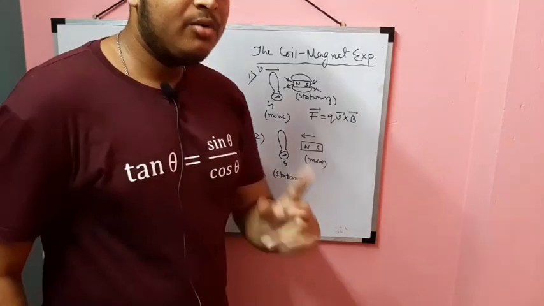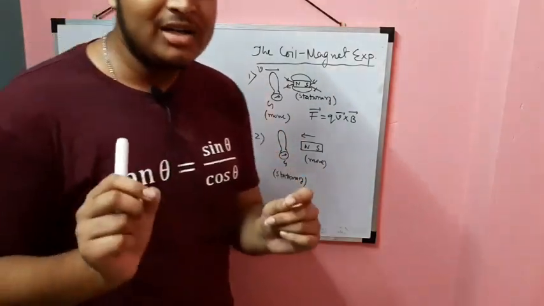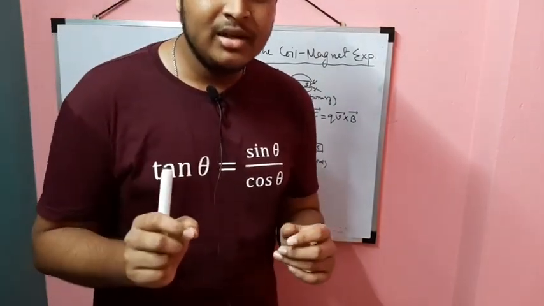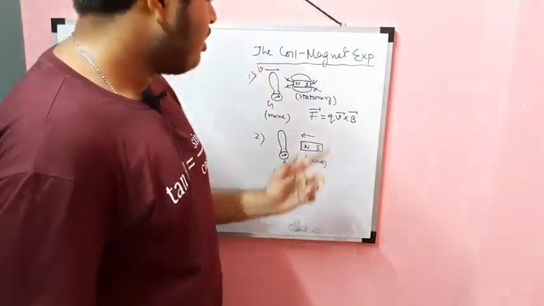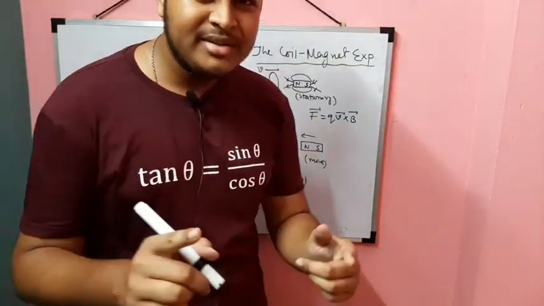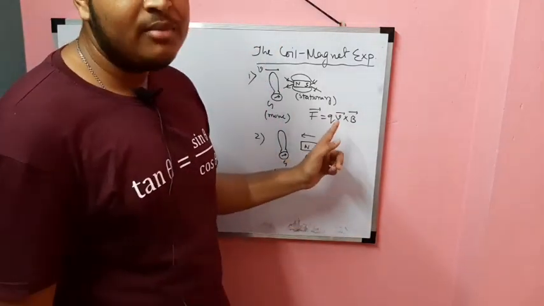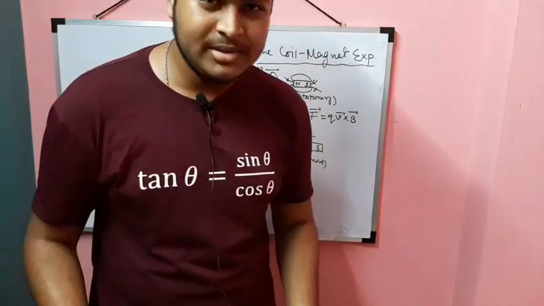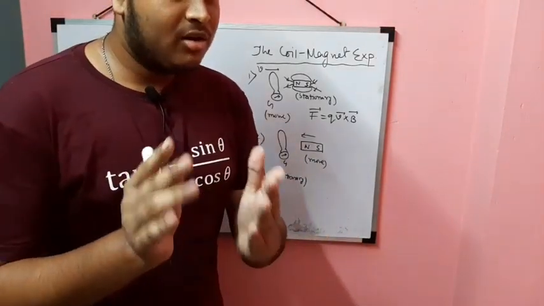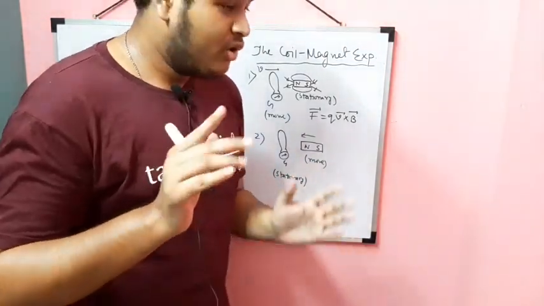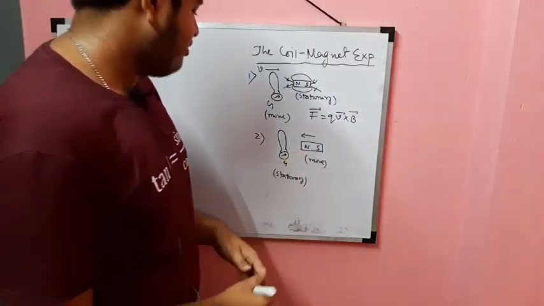Now tell me one thing, if charge is at rest, is there any force due to magnetic field? Because force due to magnetic field depends upon the velocity of the conductor or velocity of the charge, but there is no velocity of the charge or the conductor. So how does the current flow?